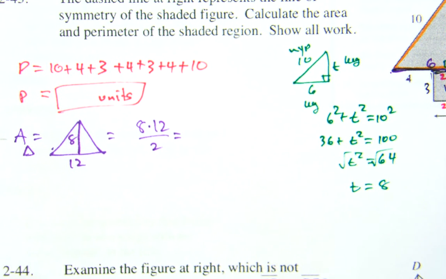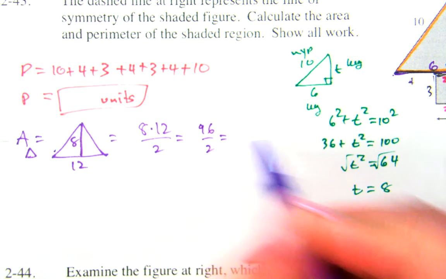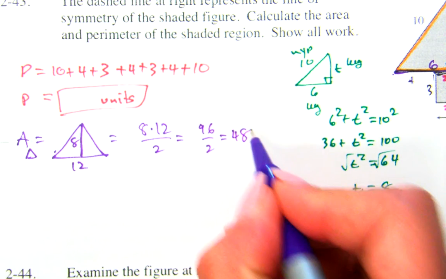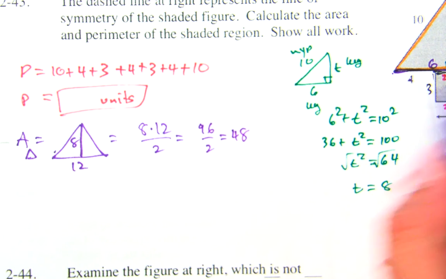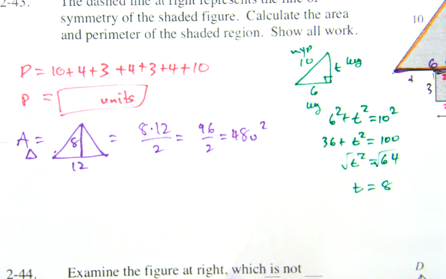Okay, so 8 times 12 divided by 2. So what's 8 times 12? I don't even know. Something with a 9. Okay, 96 divided by 2. So that should give us 48 for the triangular piece, units squared.